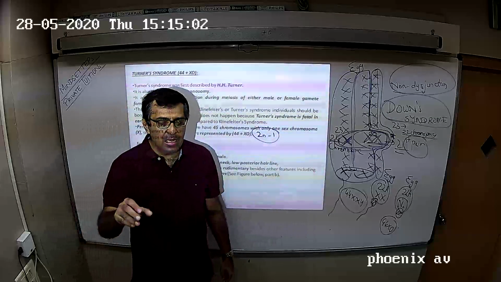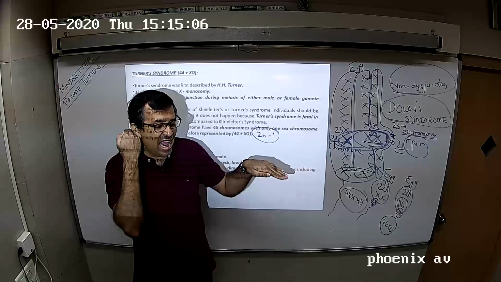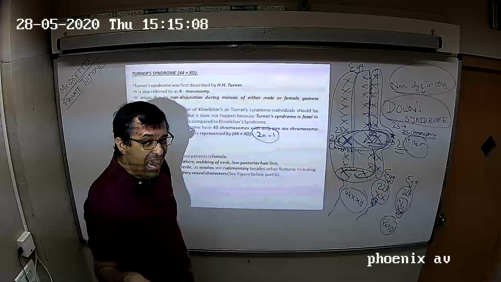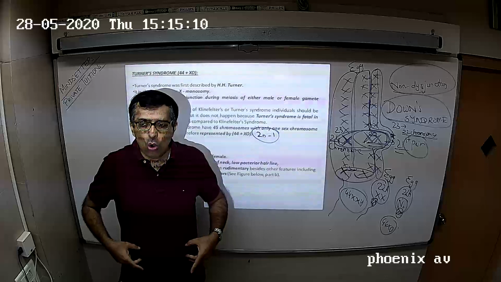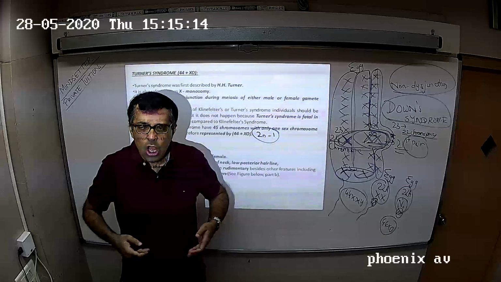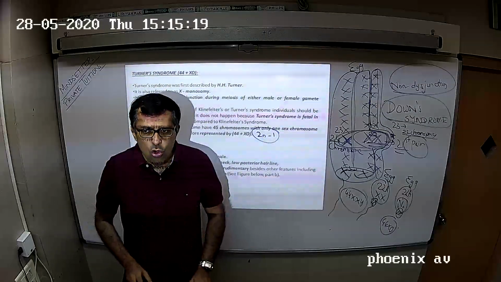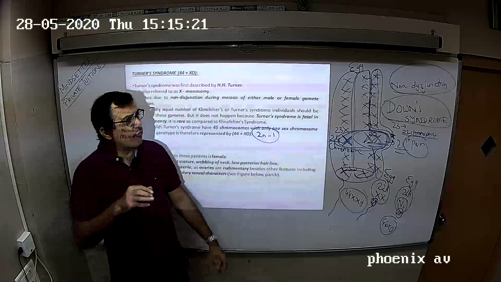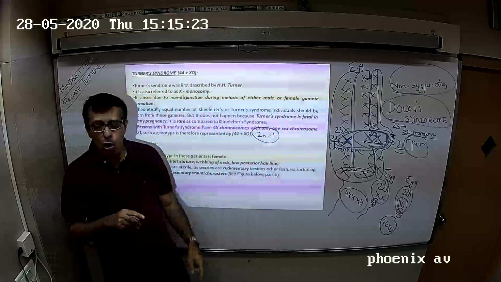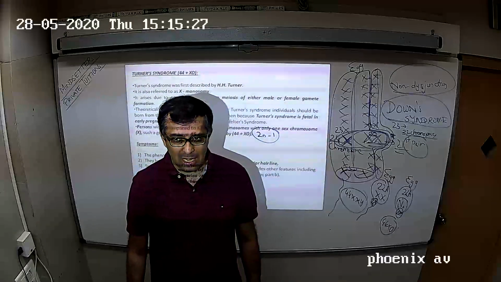Such females who are short-statured with webbing of the neck, a low posterior hairline, rudimentary ovaries, no ovulation, sterility, no estrogen, progesterone, no breast development, no menstruation, are suffering from Turner syndrome, which is 44 plus X0 disease.